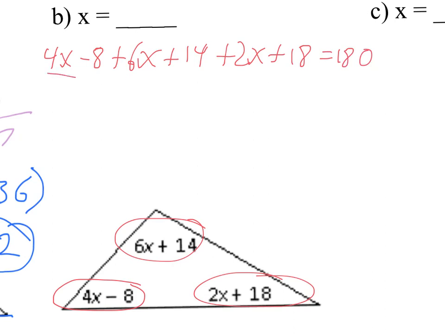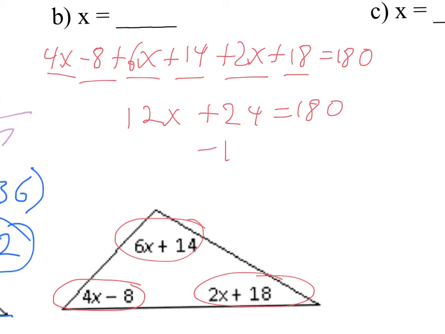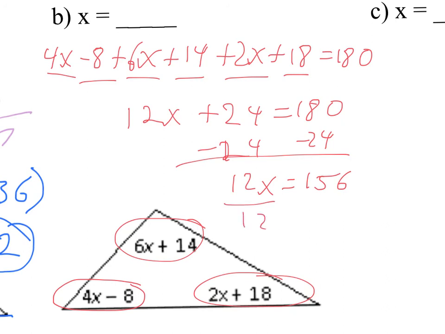Combine like terms, that's going to be 12x, 18 plus 14 minus 8 is 24, equals 180. Subtract 24 from both sides, and 12x equals 156. 156 divided by 12, we get 13, and that's my answer.